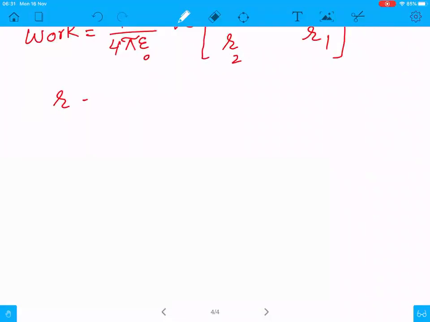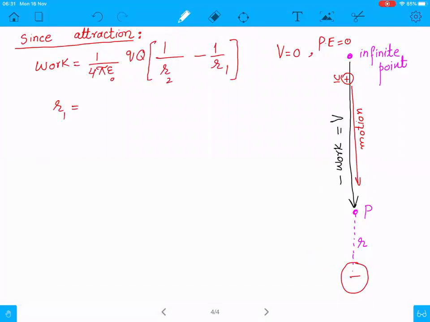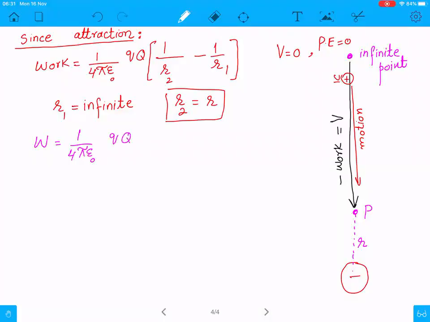Here R1 is infinite and R2 is R. Now, if we substitute these values into the main formula, it would become work is equal to 1 over 4 pi epsilon naught smaller q capital Q into R2 is R and R1 is infinite.